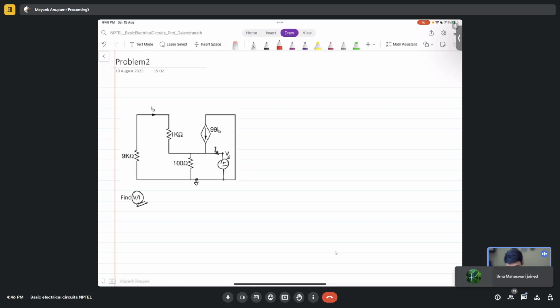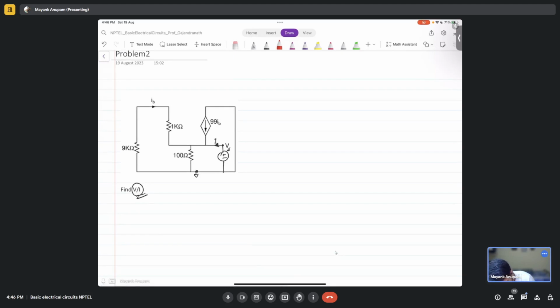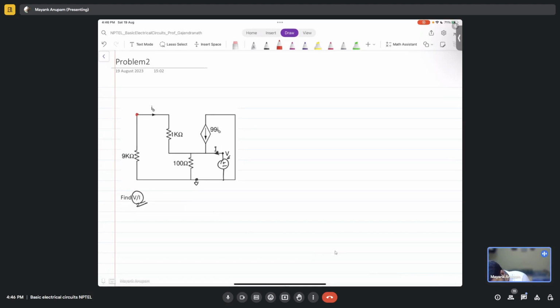So tell me how many nodes are there in this question? How many nodes do you see? So this is a node. Let's call it node 1. So this and this are the same nodes, so nothing else. So here, let's call this node number 2, right? We have only two nodes here.